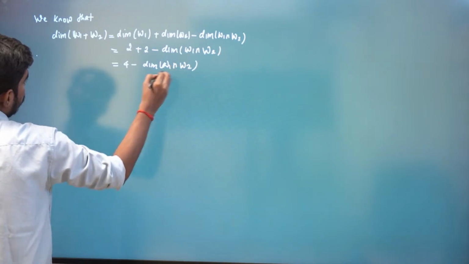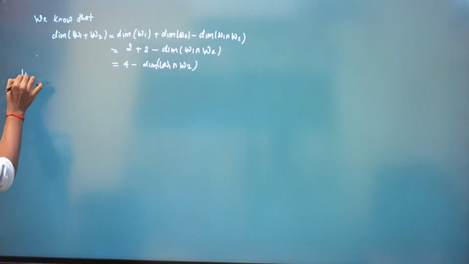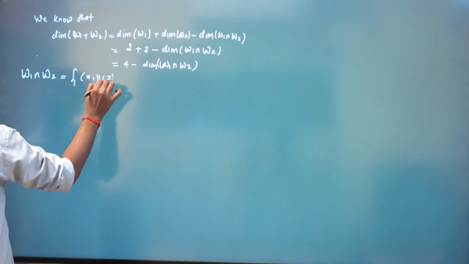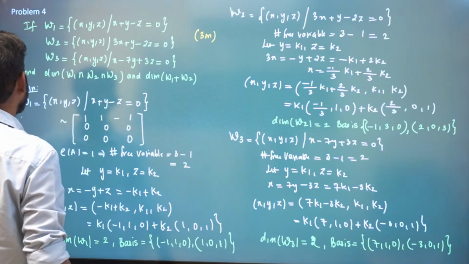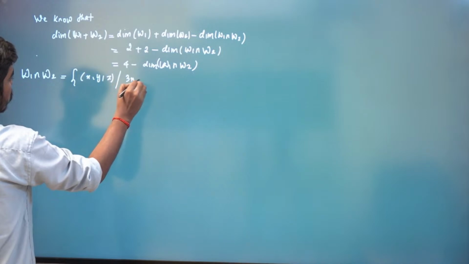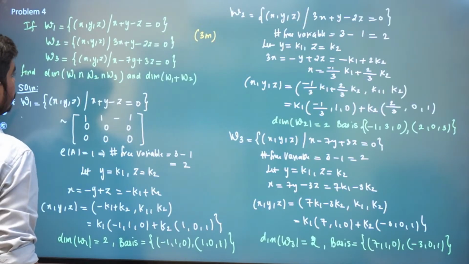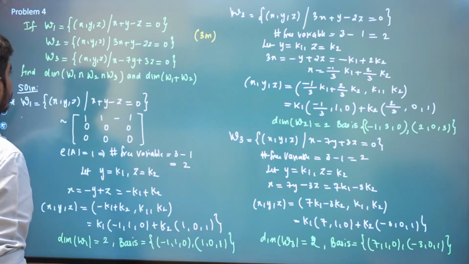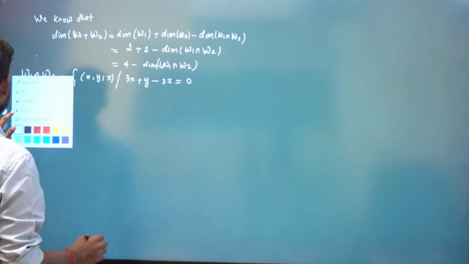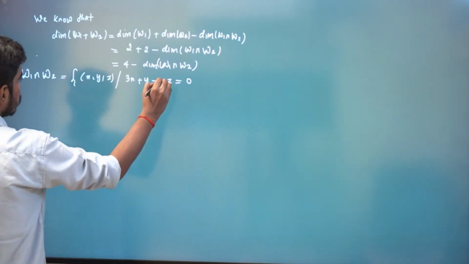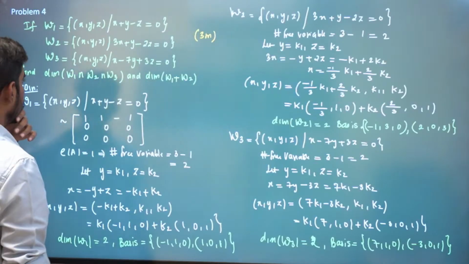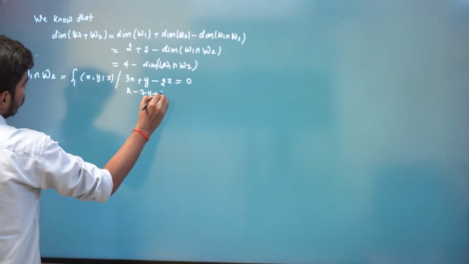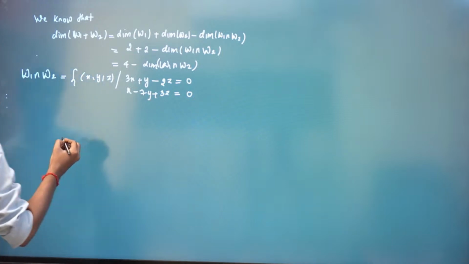W1 intersection W2. So we will find W1 intersection W2. It consists of all those x comma y comma z such that x comma y comma z satisfies W1 as well as W2. So 3x plus y minus 3z is equal to 0, 3x plus y minus 2z is equal to 0, and then W3: x minus 7y plus 3z is equal to 0.